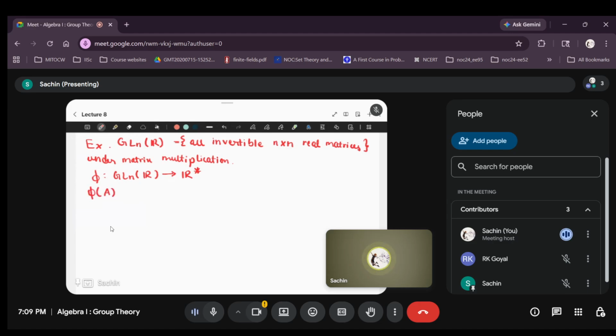Given a matrix A in GL_n of R, phi of A is the determinant of it. Is phi a group homomorphism? Yes.